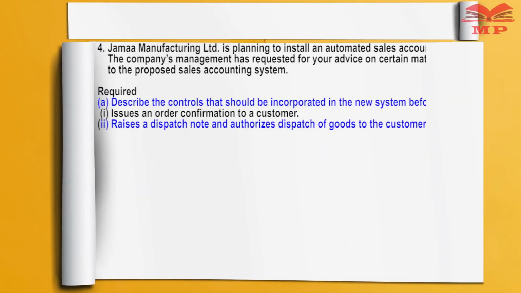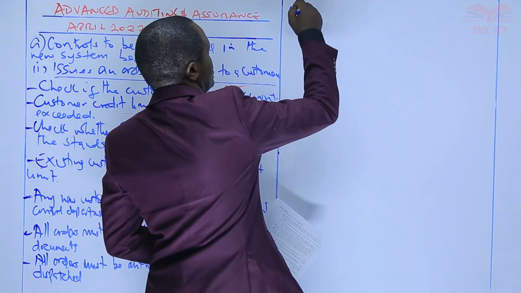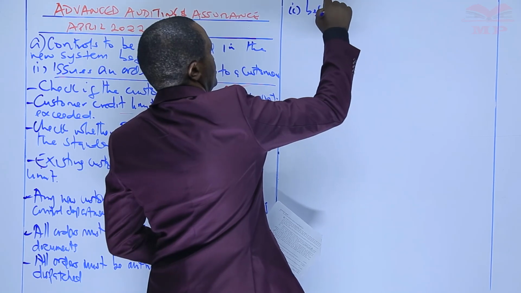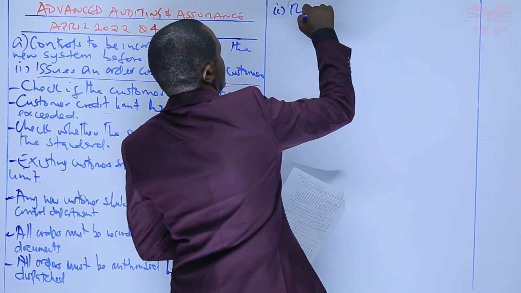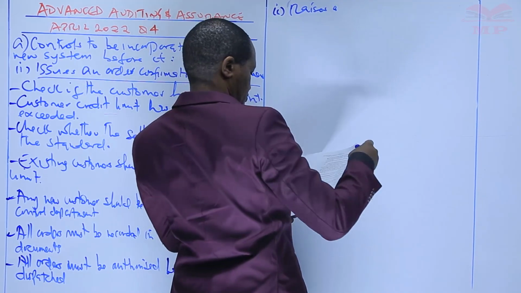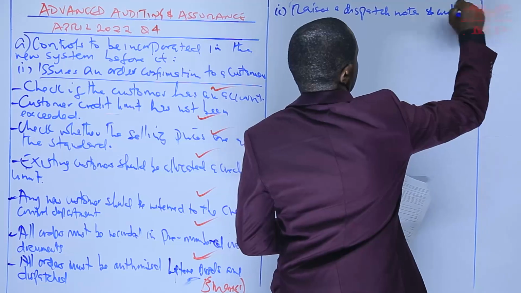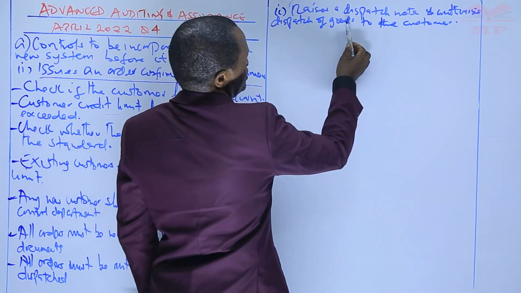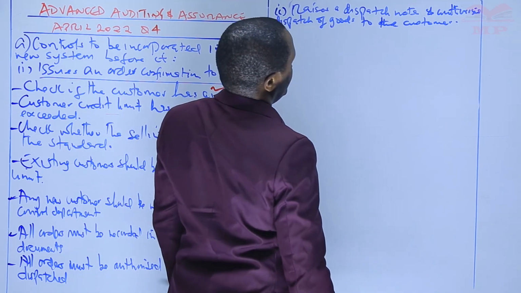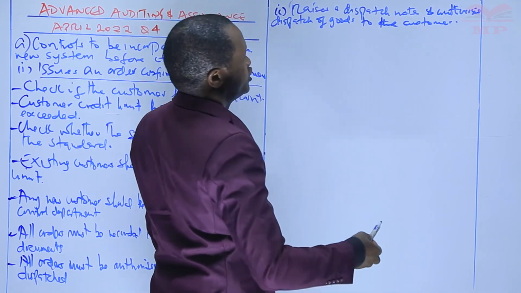So you are now going to describe the controls that should be incorporated in the new system before it raises a dispatch note and authorizes dispatch of goods to the customer.